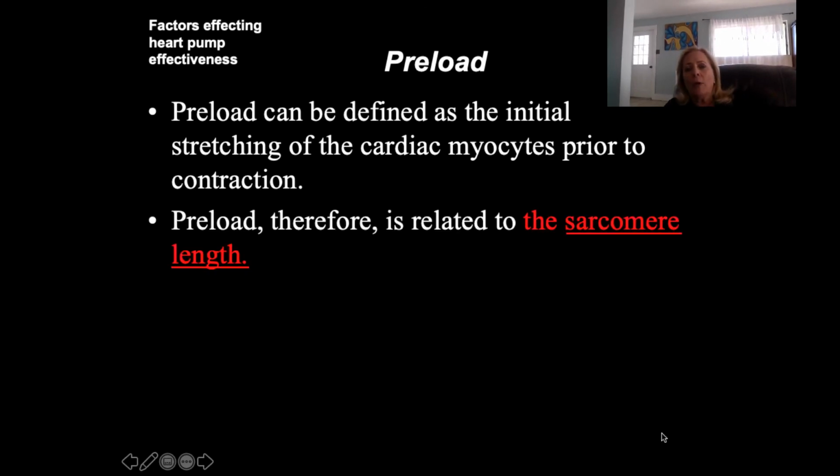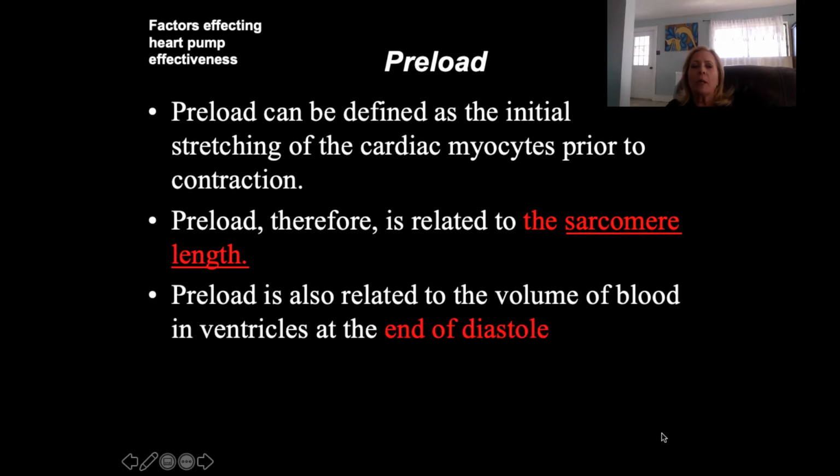Preload is also related to the length of the sarcomere. When ventricular muscle is stretched, that increases the length of the sarcomere. And preload is also related, like we said, to the end diastolic volume.